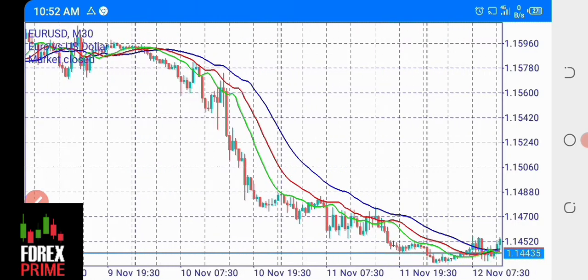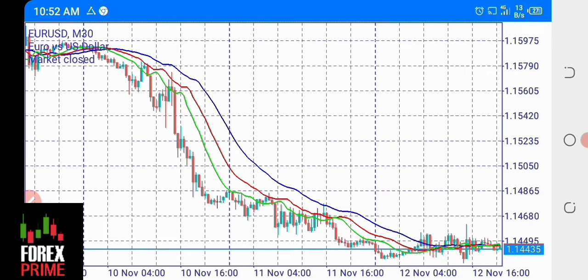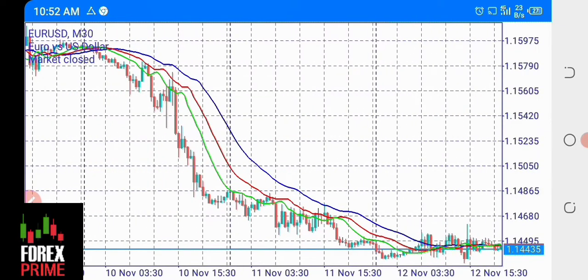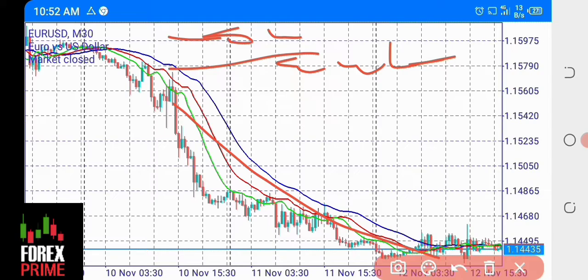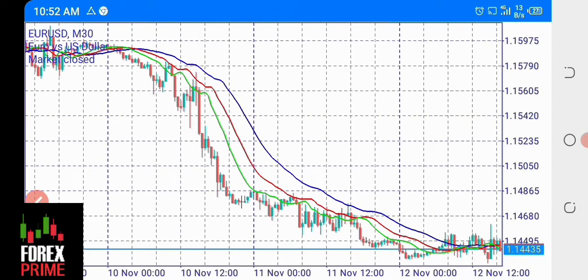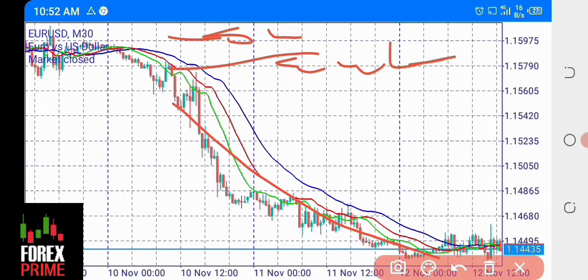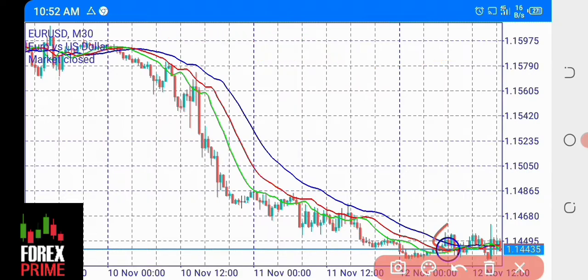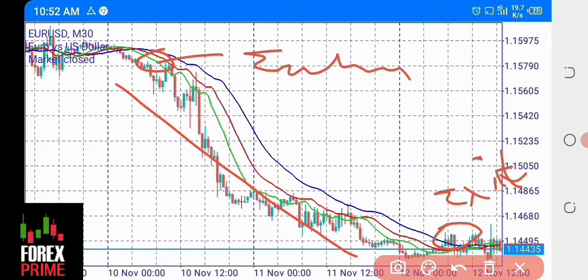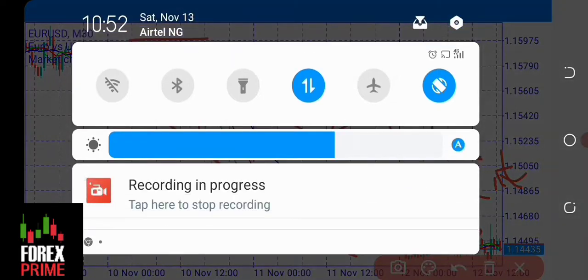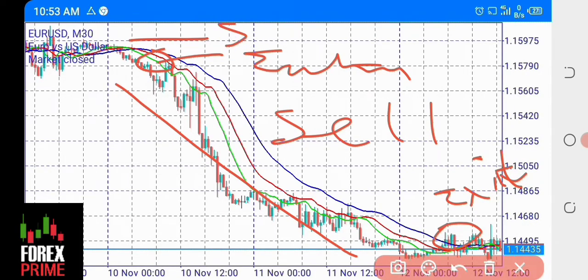Okay, now you can see this becomes the exit. So all the way down here becomes our entry. So we are taking a sell down, and this becomes our SL.